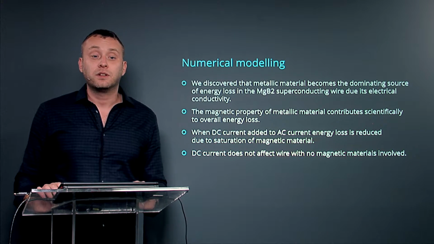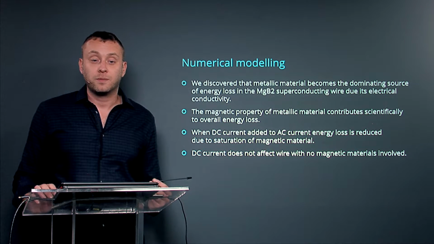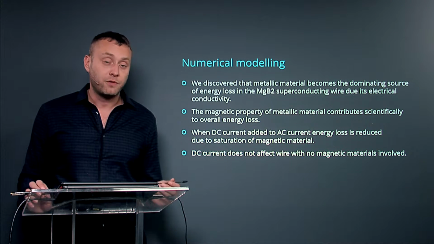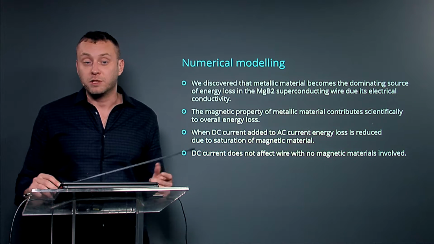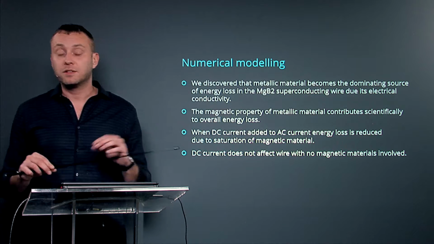This mechanism is also responsible for the dependency on the frequency, because at higher frequency, the higher the magnetic change rate, the more eddy currents are induced in the metallic material. That is why we saw the strong dependency on frequency.